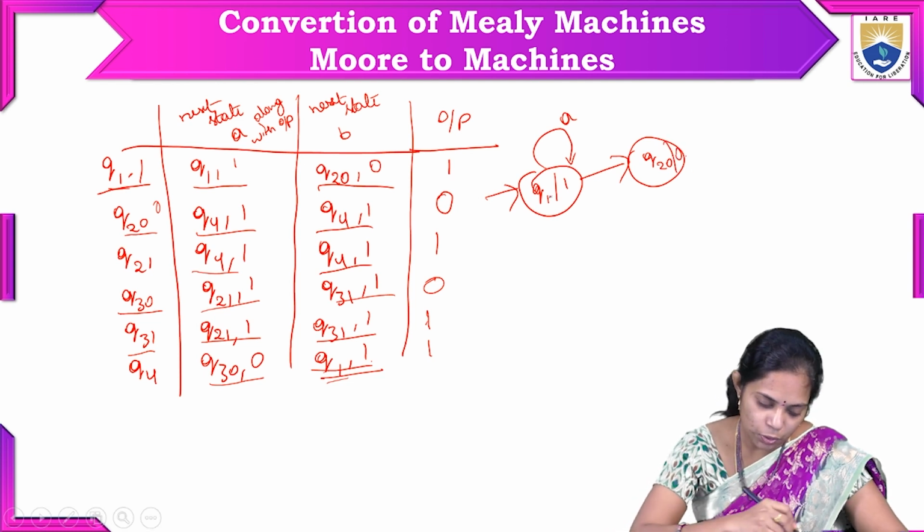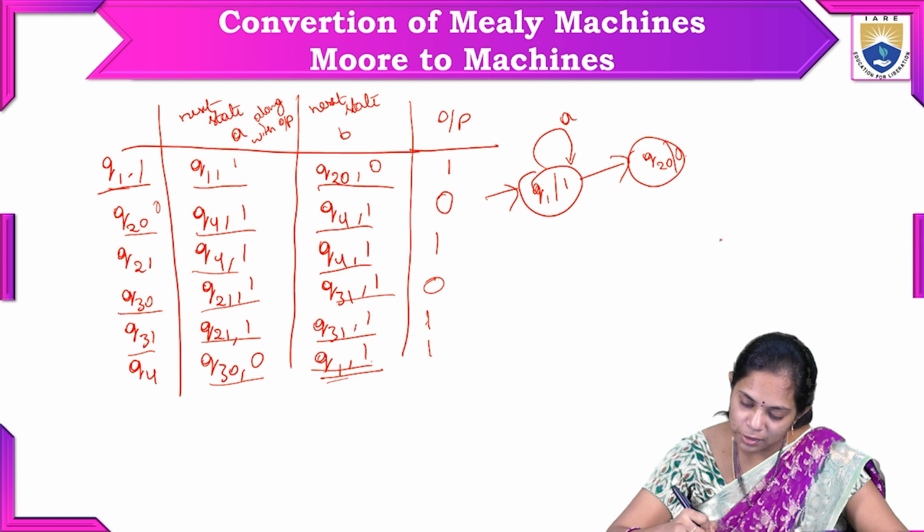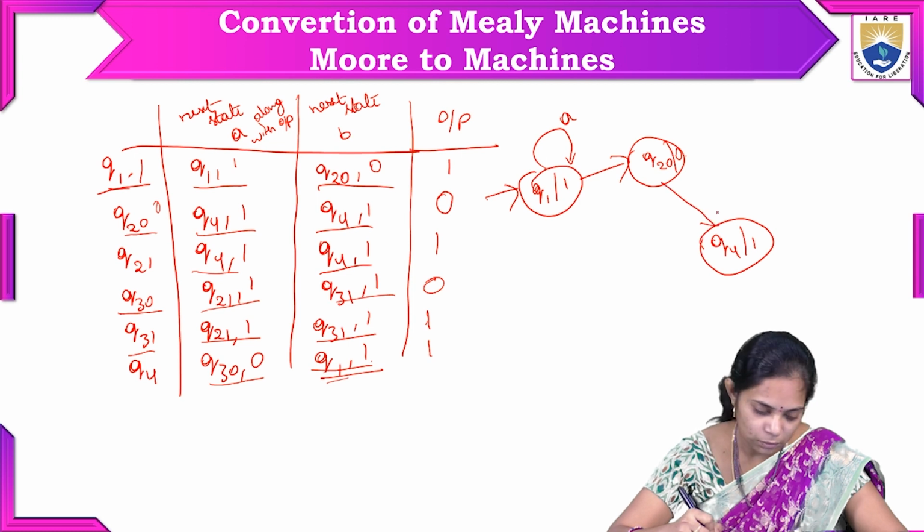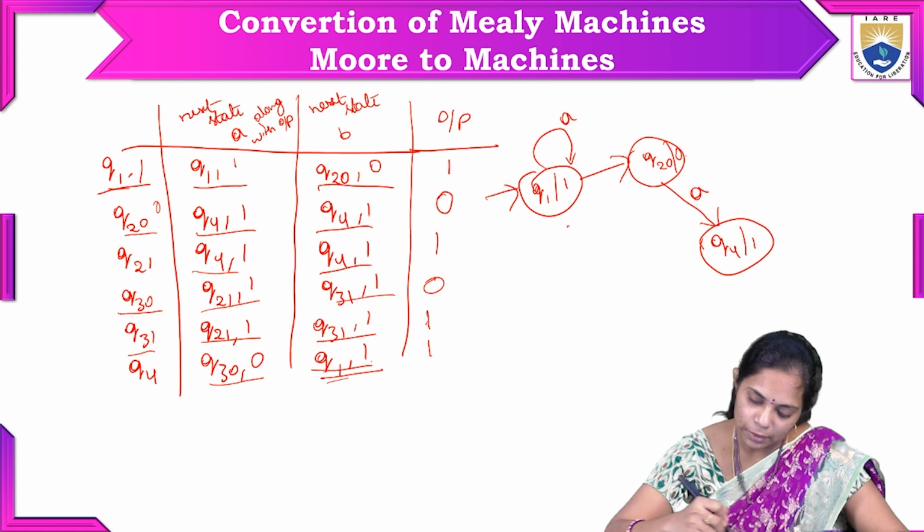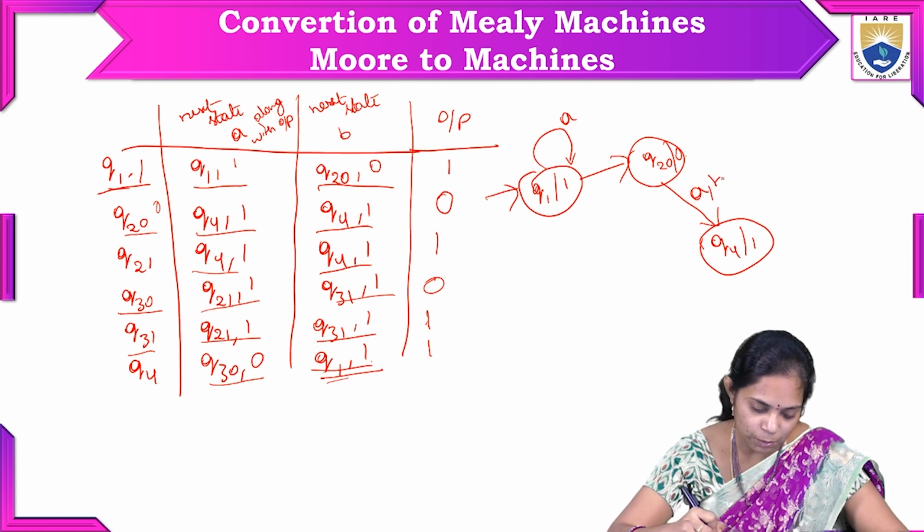And so from Q2 0, it is reaching the Q4 state with the output 1, A as an input, and so also having the B as an input, it is going to Q4 state only.